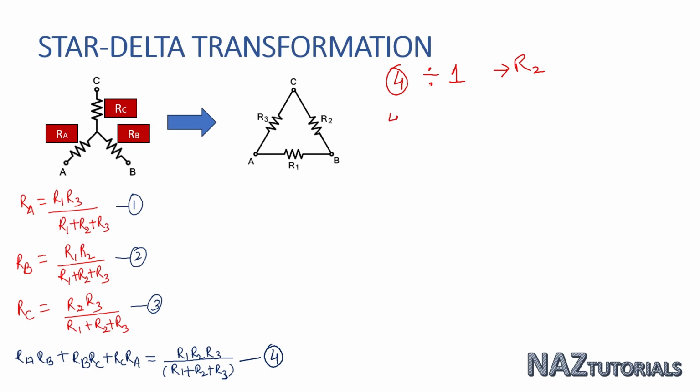If you divide equation 4 by equation 2, then you will get the value of R3, and if you divide equation 4 by equation 3, then you will get the value of R1. So let's see the values.